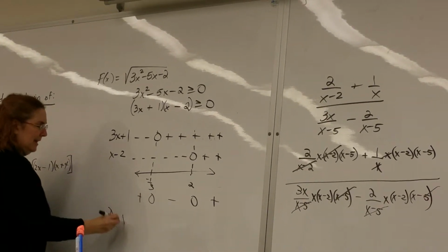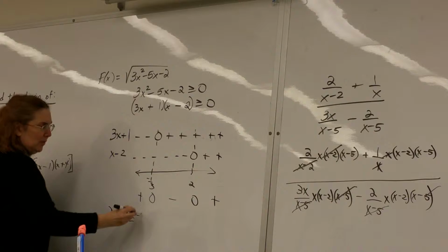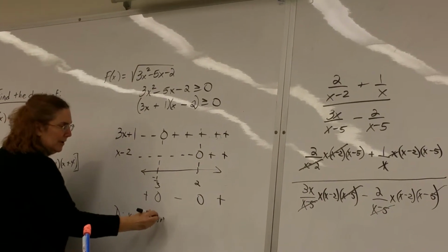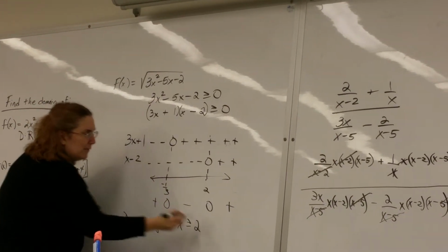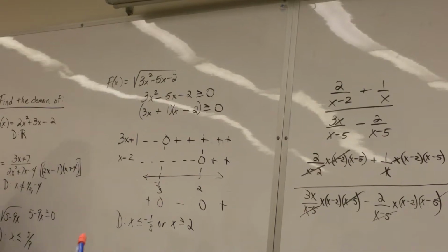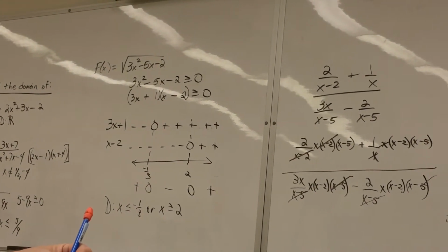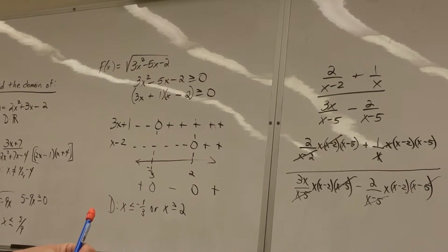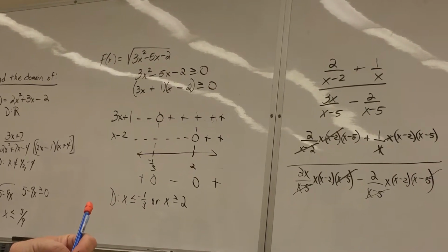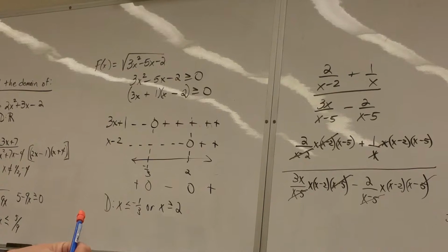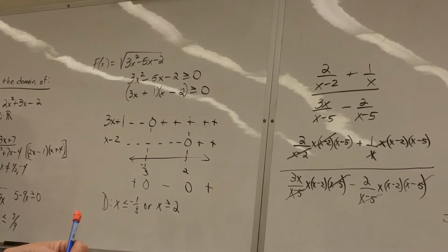Domain is x values less than or equal to -1/3, or x values greater than or equal to 2. So the sign graphs are going to pop up over and over again a lot of the time dealing with domains. That's one place we're really going to see this.